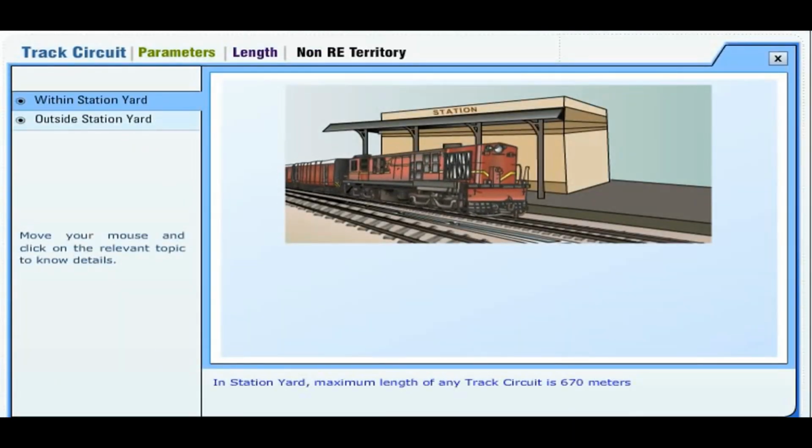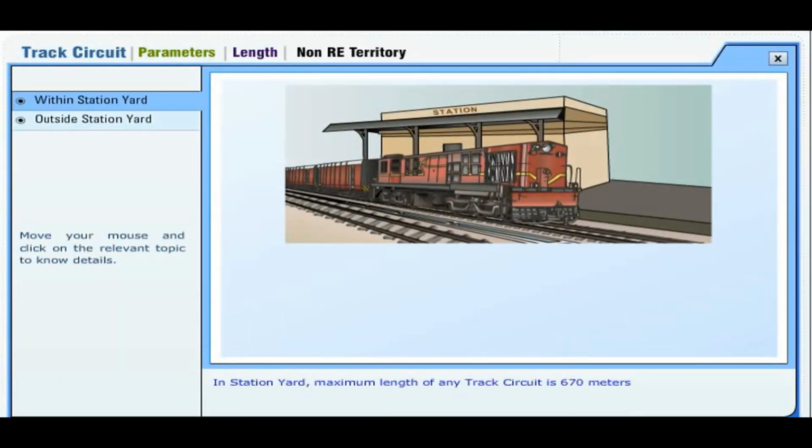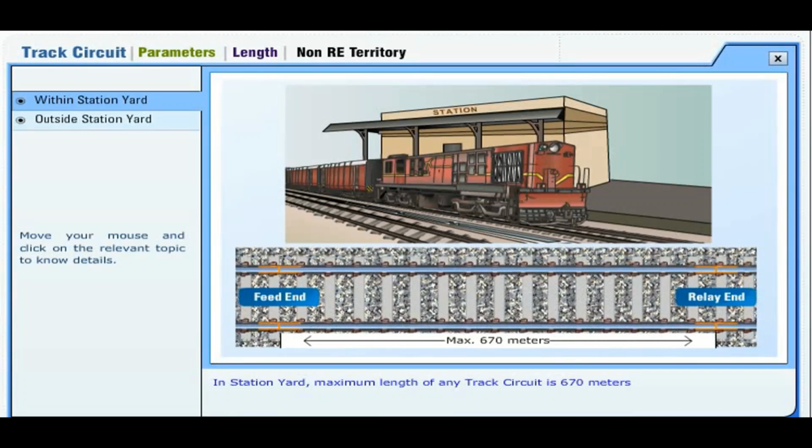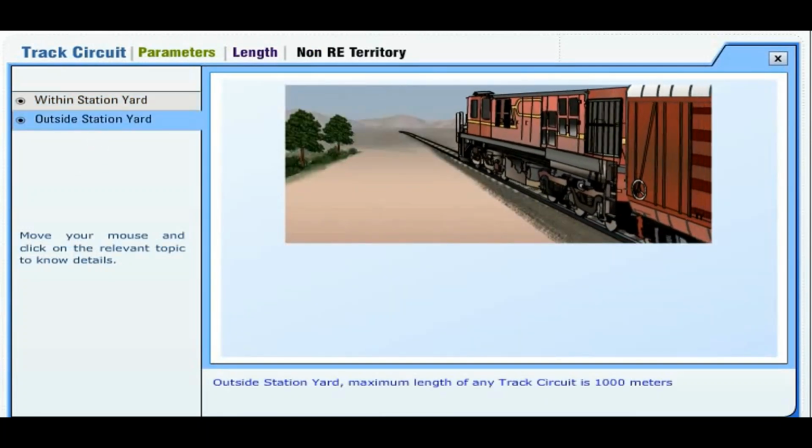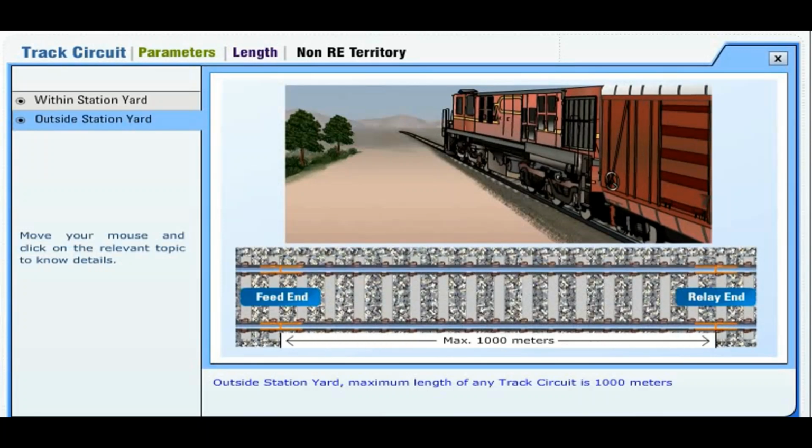In station yard, maximum length of any track circuit is 670 meters. Outside station yard, maximum length of any track circuit is 1000 meters.